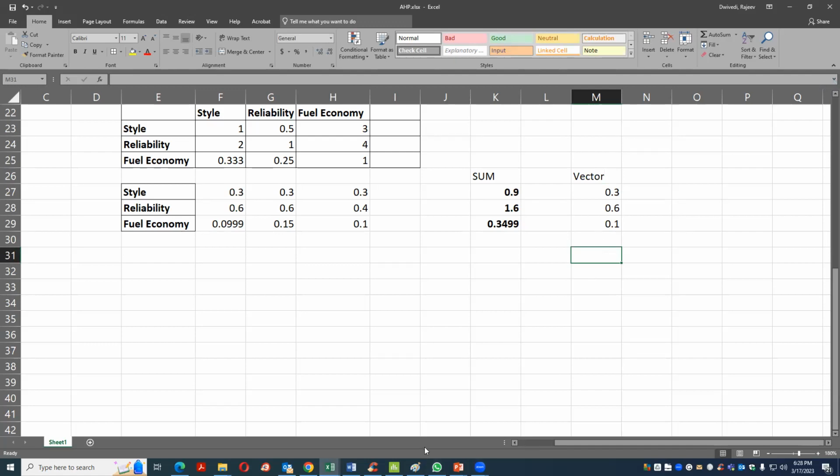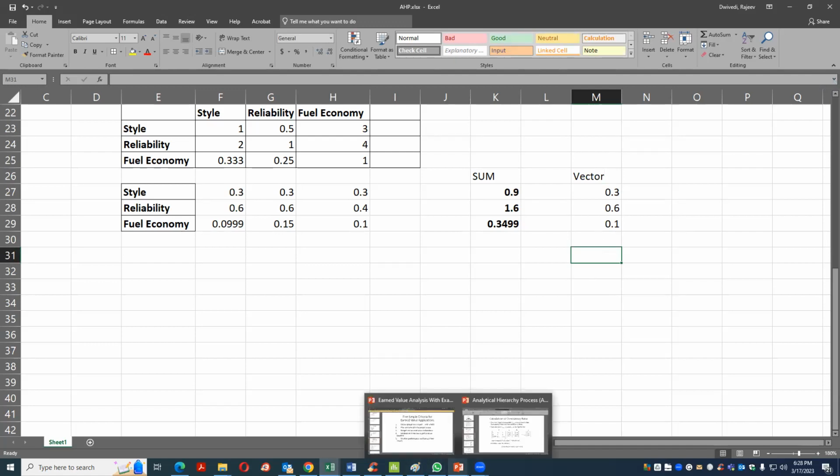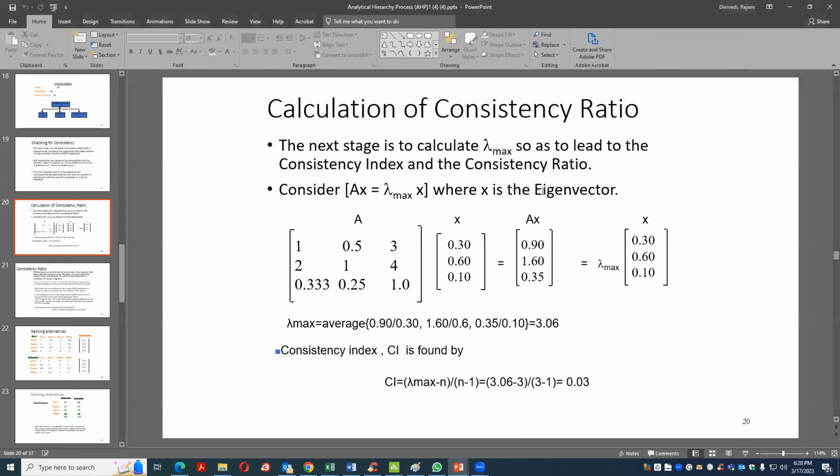Now we have almost got our calculation done, just simple arithmetic we have to do. So here we got AX, which is 0.9, 1.6. Here we got lambda max equal to the average of all three.